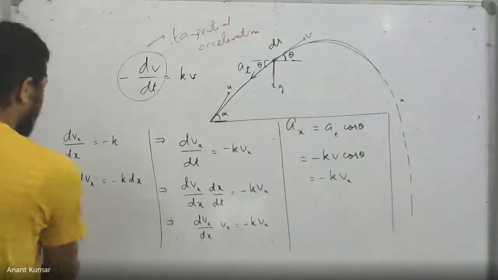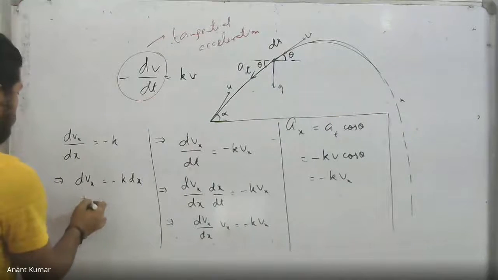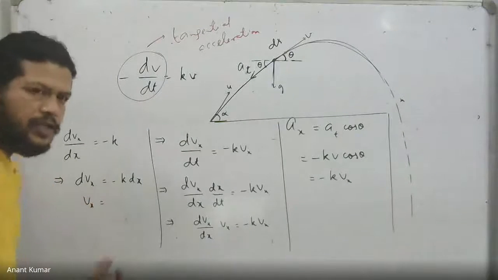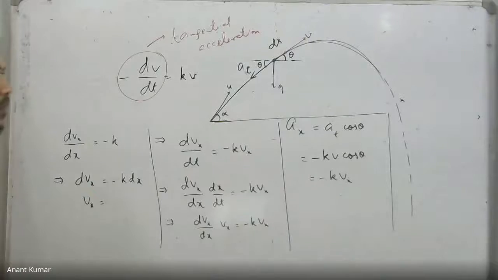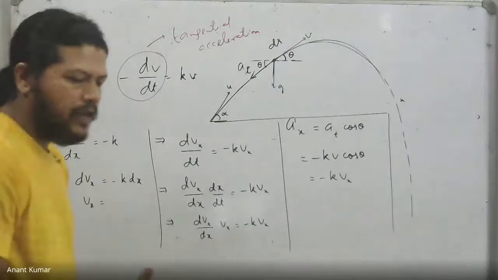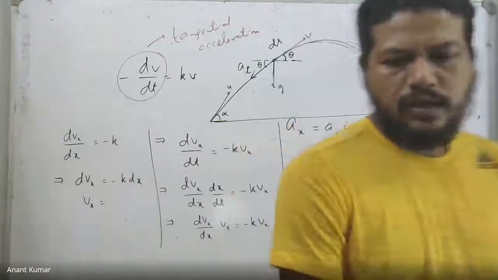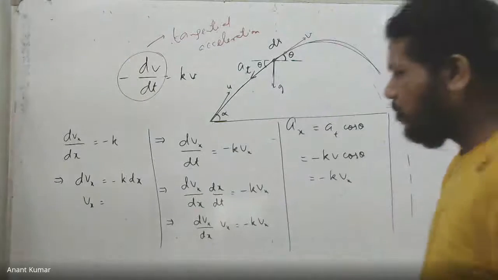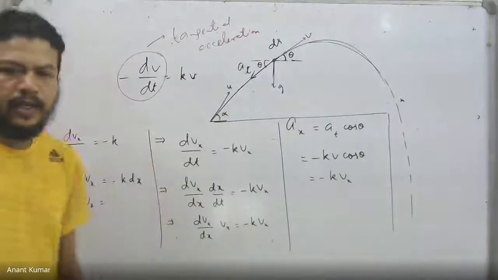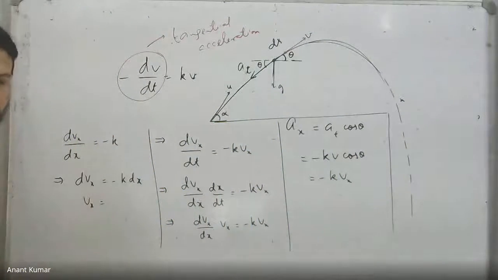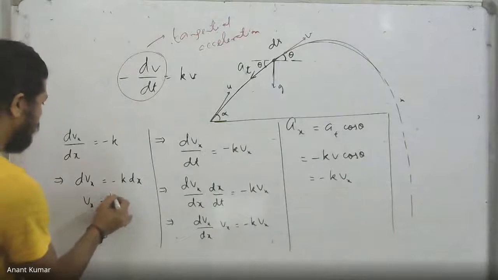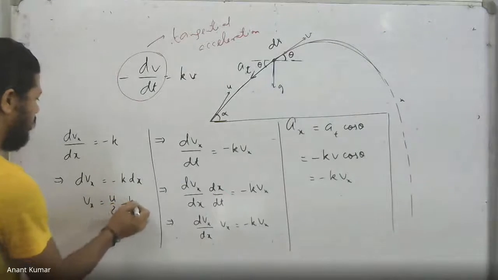So I could write directly that vx is equal to the initial speed, u cos 60 degrees. The angle of projection was 60 degrees. So u cos 60 degrees was u by 2, and then it reduces at the fixed rate of minus k. So it has to be equal to u by 2 minus k into x.